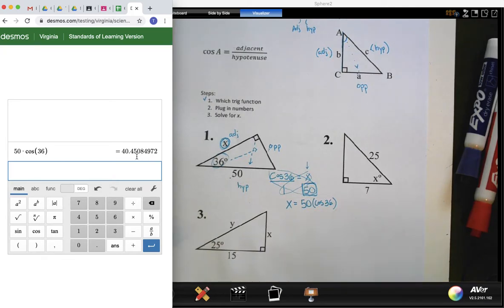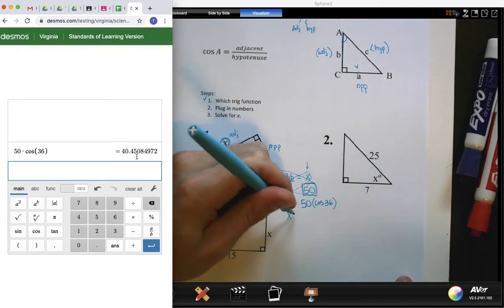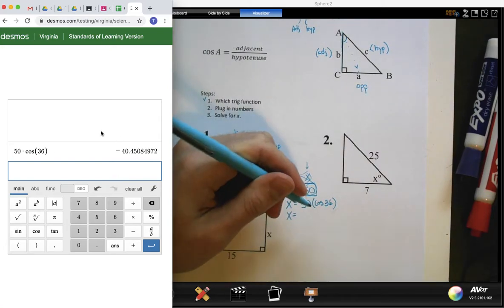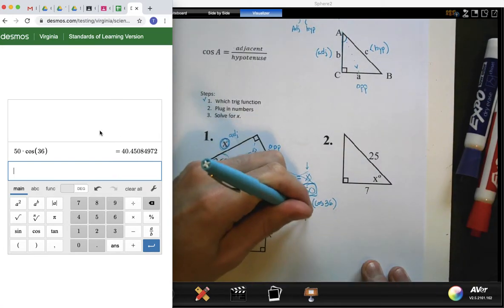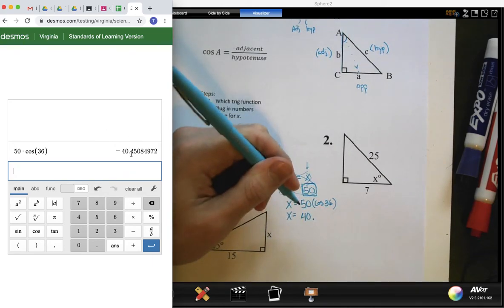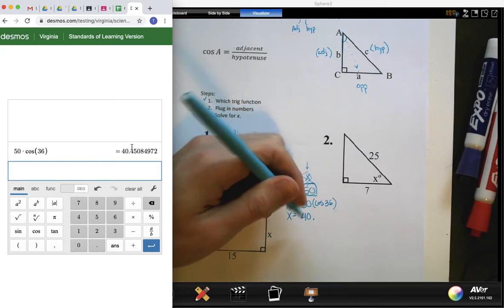I'm going to round to the nearest tenth. If I'm going to round it to the tenth, I look at the 4, look at the number next to it. If it's 5 or higher, we're going to add 1. So it's going to be 40.5.